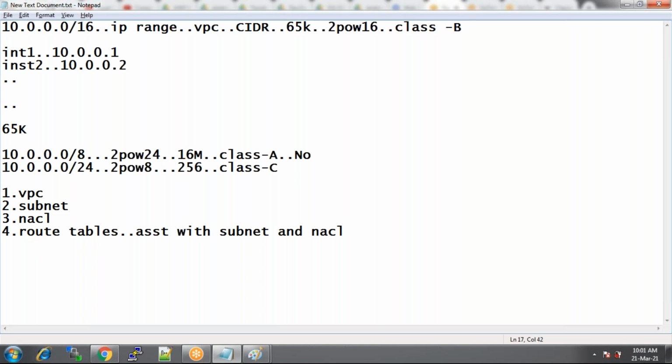So please concentrate. We create VPCs, we create subnets, and then we create route tables. Then route tables are used to associate subnets with NACL.